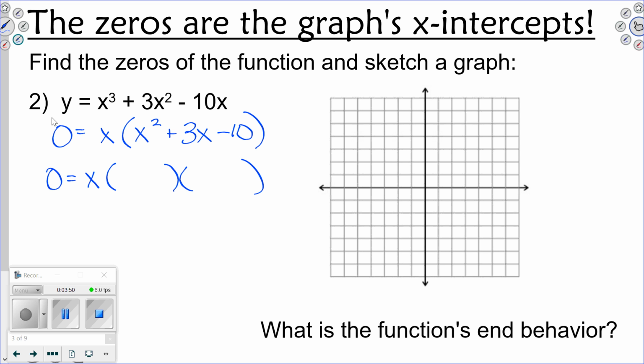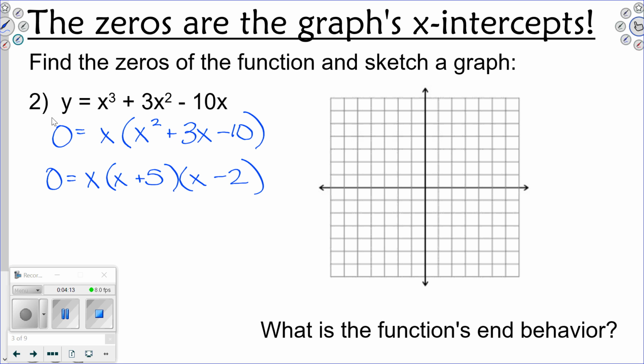What are your signs? Plus and minus. Options for A, just x and x. Options for C, 1 and 10 or 2 and 5. 2 and 5. Which one's positive? The 5.